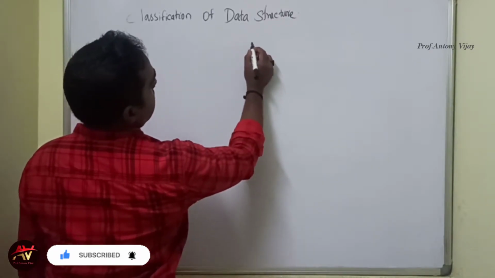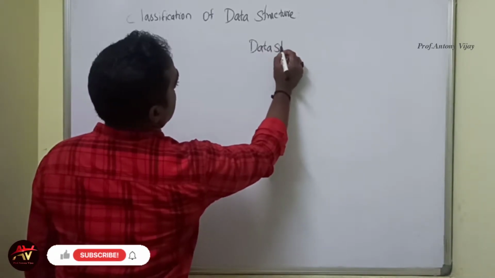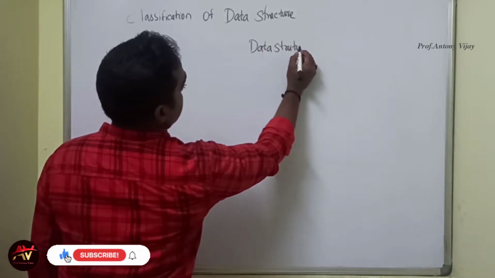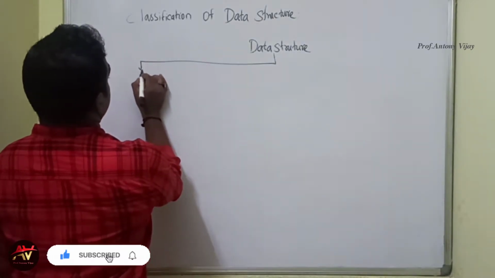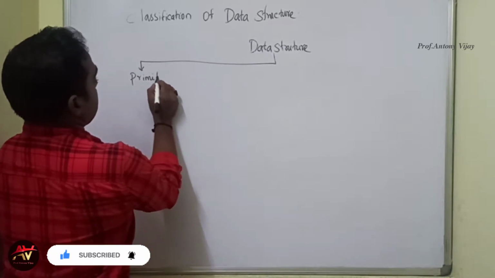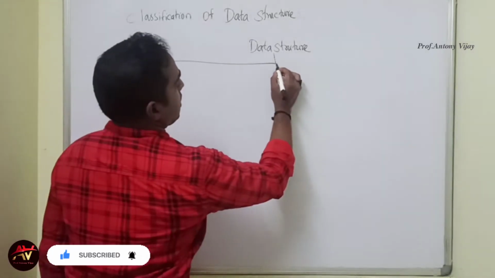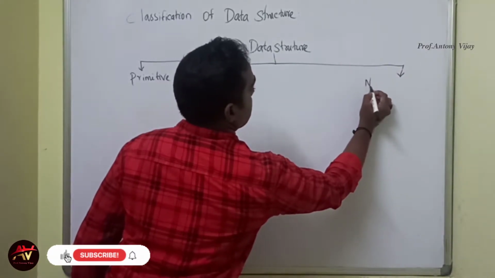A data structure can be divided into two types, that is primitive type, the other one is non-primitive.